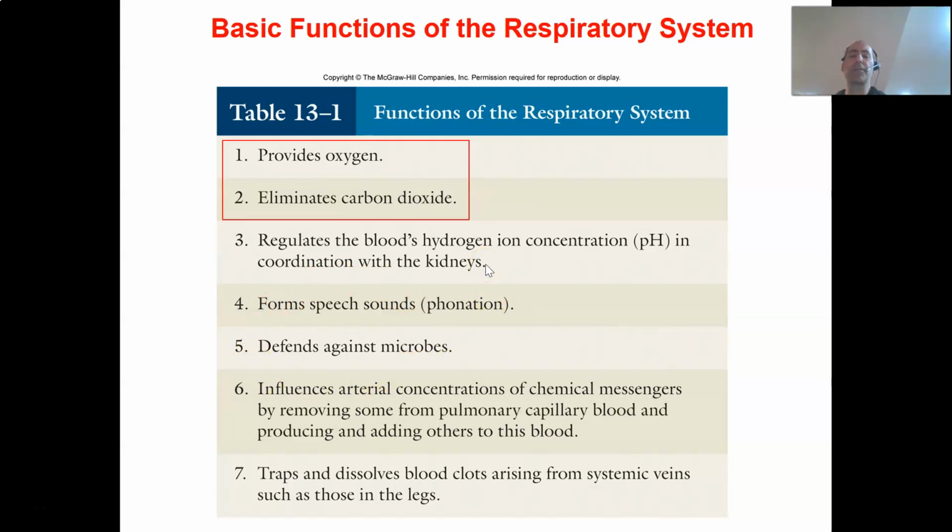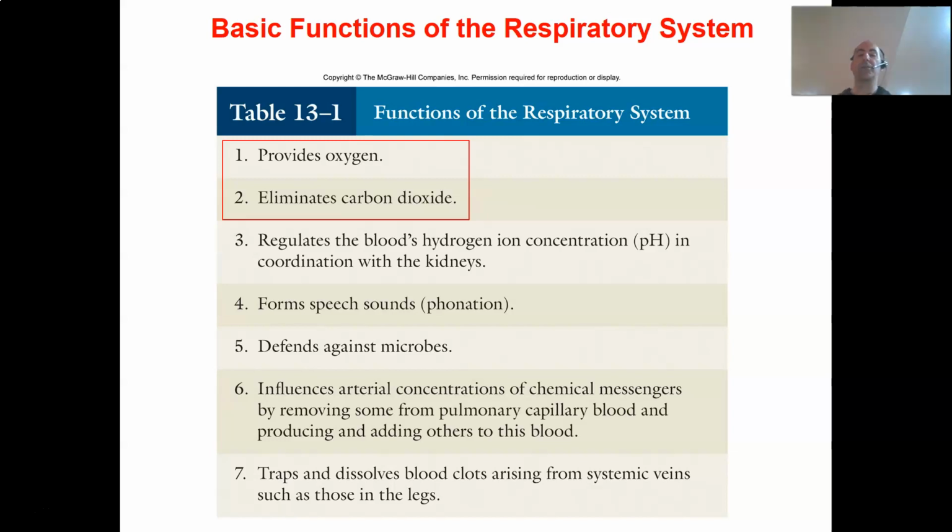It influences the arterial concentrations of chemical messengers by removing some from the pulmonary capillary blood and producing and adding others to this blood. So how much of all kinds of chemical messengers are in the blood depends on how much is removed from the blood and added.